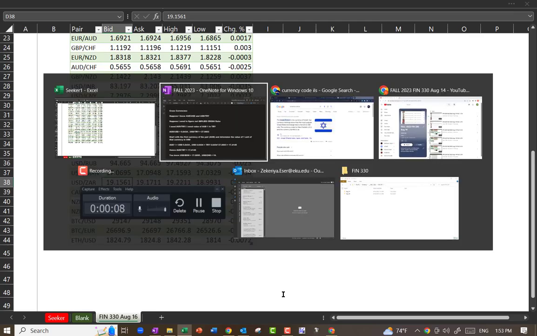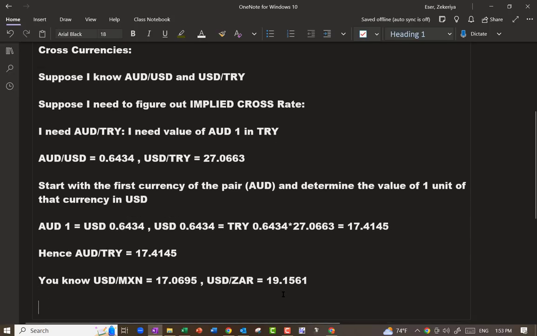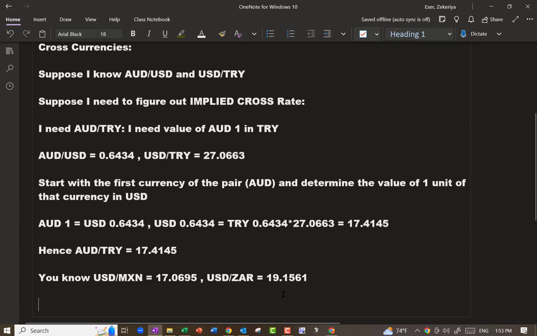So you've got a Mexican cartel boss. He wants to use his pesos to buy some diamonds in South Africa, but they have South African rand prices for some reason. So what's the implied exchange rate? We're gonna do the same thing. First question we're gonna ask is, 1 Mexican peso is equal to how many dollars?